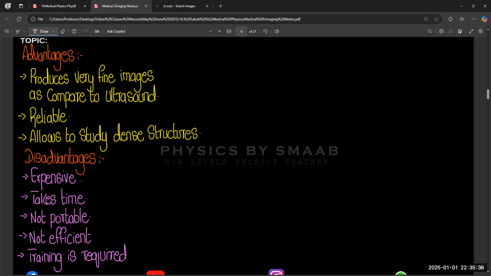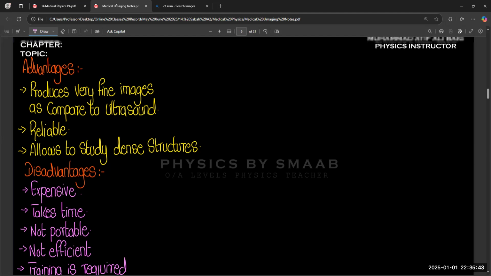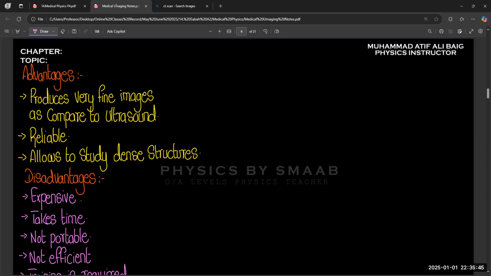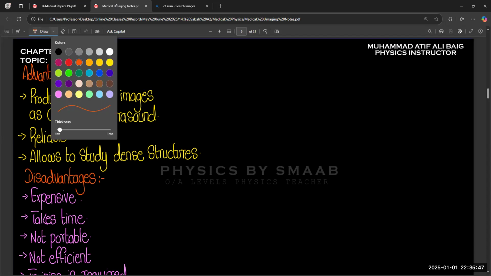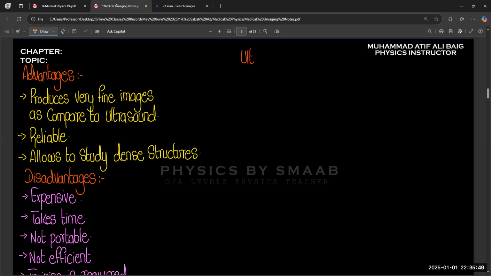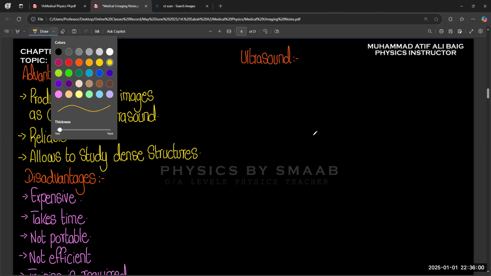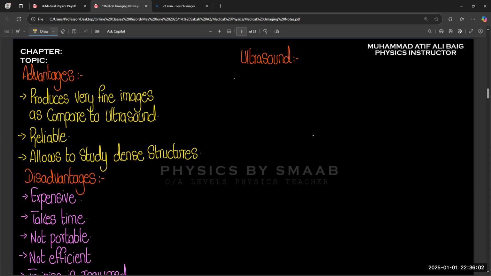Normally, we know that it is the sound wave having frequency greater than 20,000 hertz. In IGCSE, we studied this topic and we only study basic information, that it is a sound wave with frequency greater than 20,000 hertz.